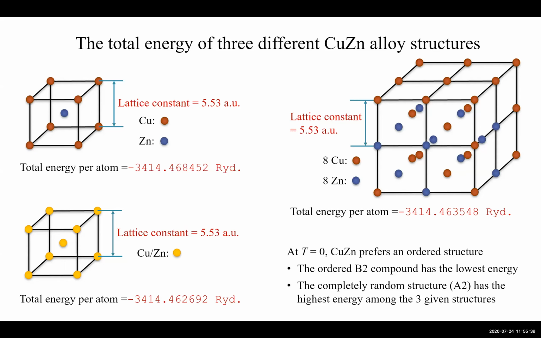Yeah. So what you can do, for example, is there are actually two approaches. One is using CPA and looking at concentration fluctuations.